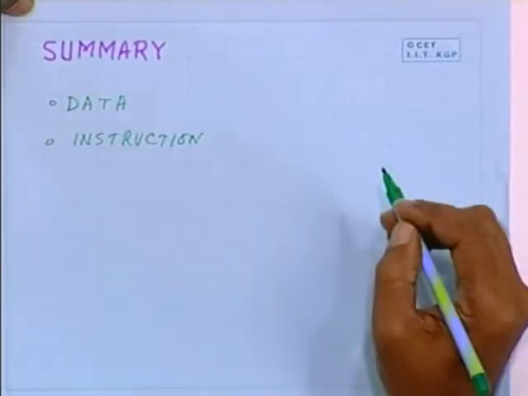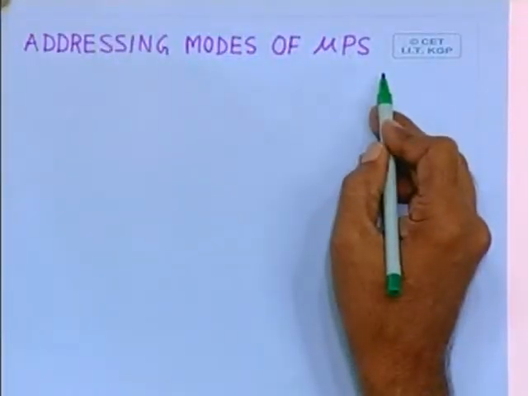We have discussed the basis of instruction formats, how important the instruction format is, and the instruction format that is used in the 8085 microprocessor. In the next lecture, we shall discuss another important aspect of the instruction set, that is the addressing modes of microprocessors. Thank you.